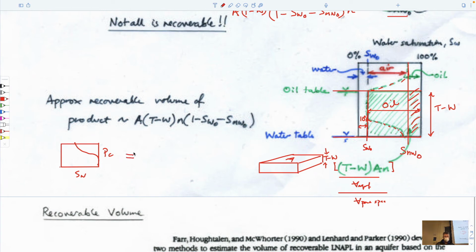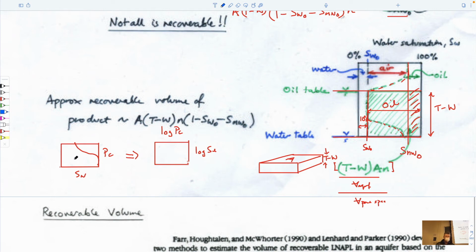And we transformed it to something that we called Brooks-Corey, which was log capillary pressure versus log effective saturation.